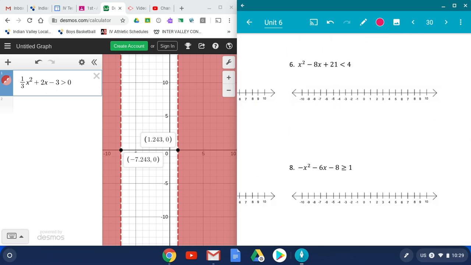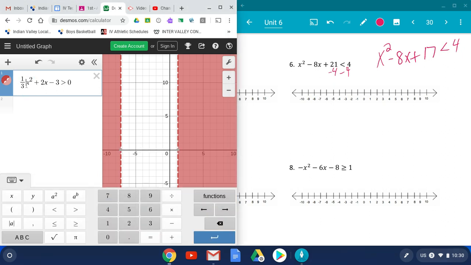Again, number 6, I got to subtract 4 from both sides, -4, so I'm left with x squared minus 8x plus 17 is less than 4. Let's type that in to Desmos.